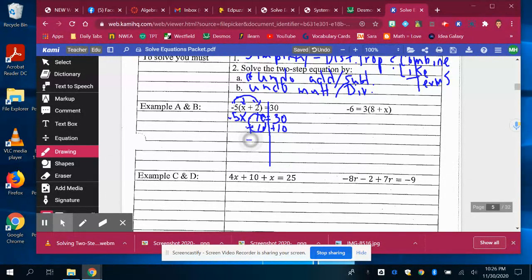And we're left with -5x equals 40. We're going to divide by -5 because they are multiplying x times -5. So we're going to divide to undo that multiplication. And we get x equals -8.